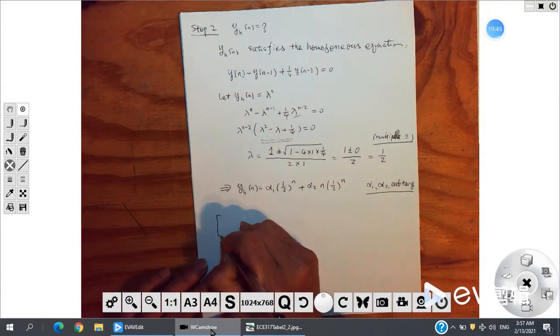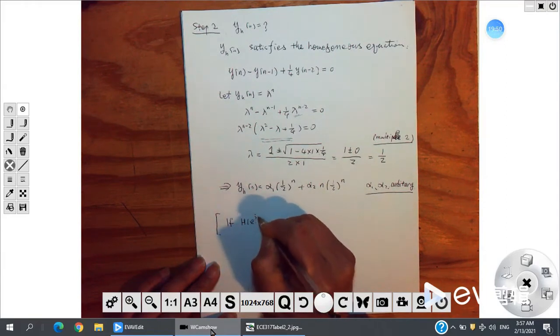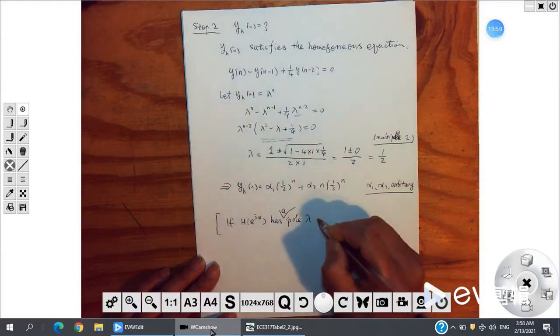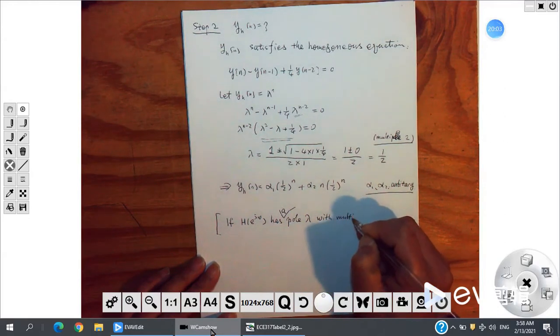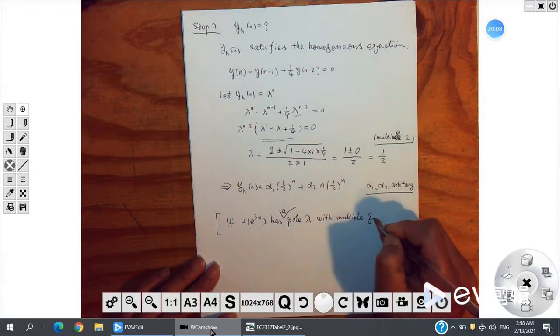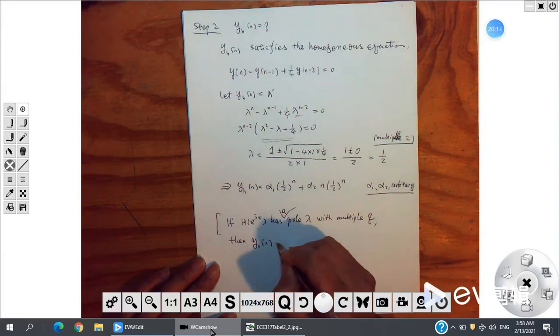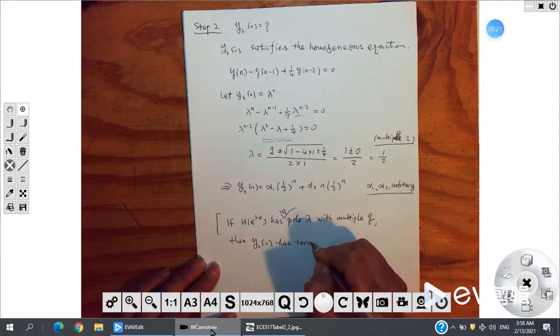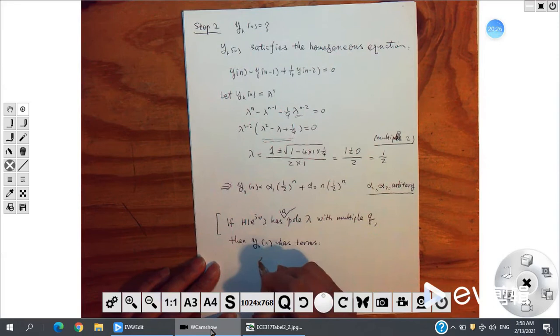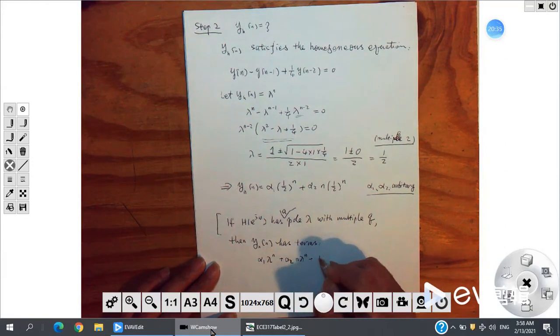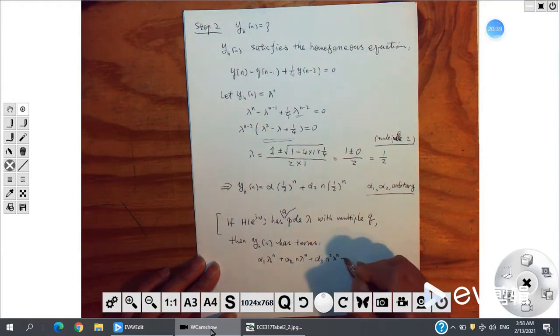And here I will say if h of e to the j omega has a pole lambda with multiple q, then homogeneous y will have the following terms: alpha 1 times lambda to the n plus alpha 2 times n and lambda to the n, and alpha 3 with n squared lambda to the n, until the last one, alpha q, n to the q minus 1 times lambda to the n.